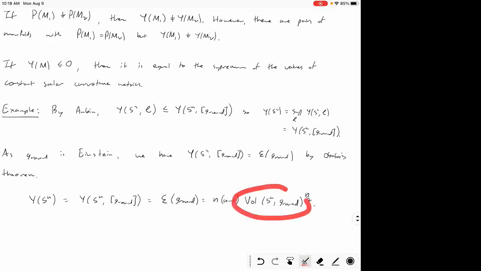And there is an expression for this volume in terms of the gamma function of n over 2 and powers of pi. So you can easily find that, and you can actually compute this value explicitly. Okay, but in general, it's a hard thing to compute. But here, there's enough special about the sphere that you can say the precise value. And as we saw before, if you take any other n-dimensional manifold, its Yamabe invariant will be less than or equal to this.